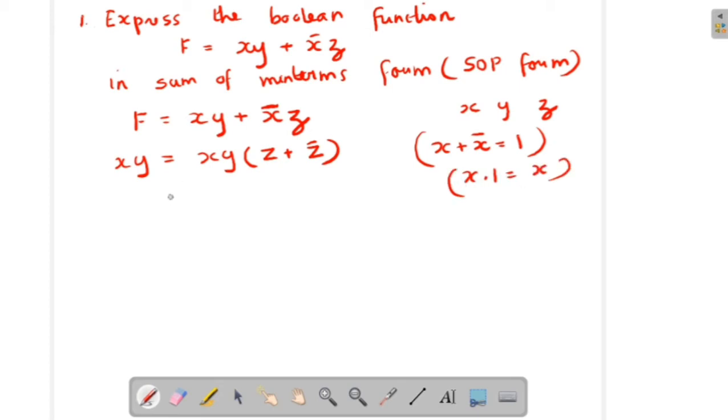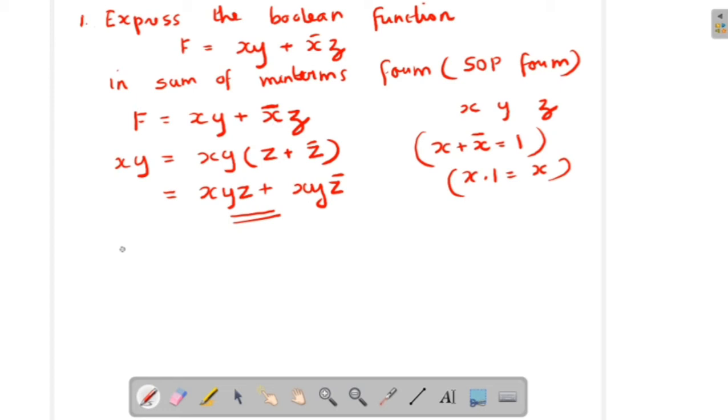Then apply distributive law. So here it is xy into z plus z bar. That means we can write it as xyz plus xyz bar. So xy can be written as xyz plus xyz bar as sum of minterms.